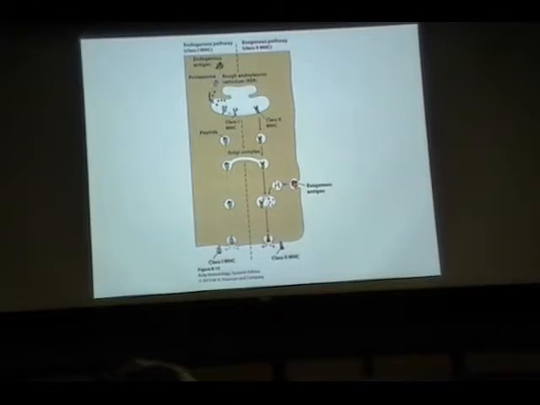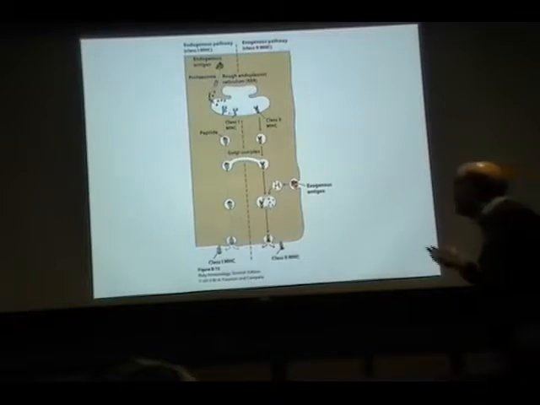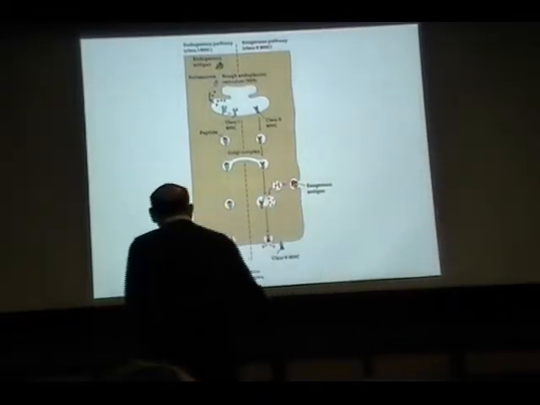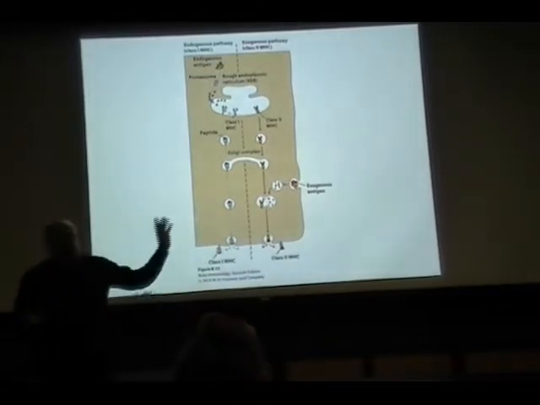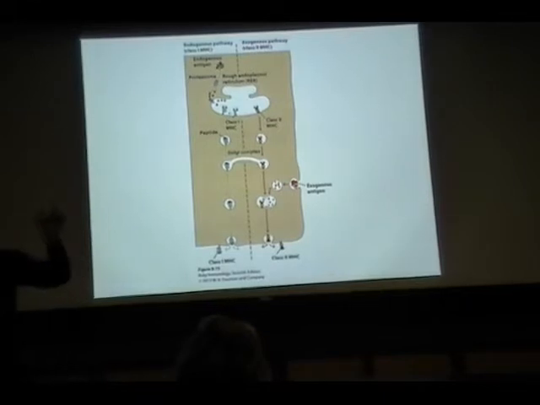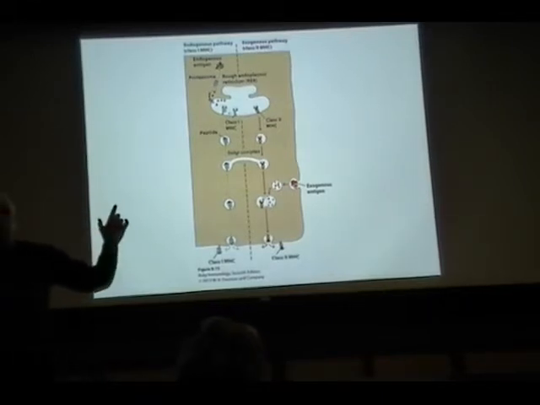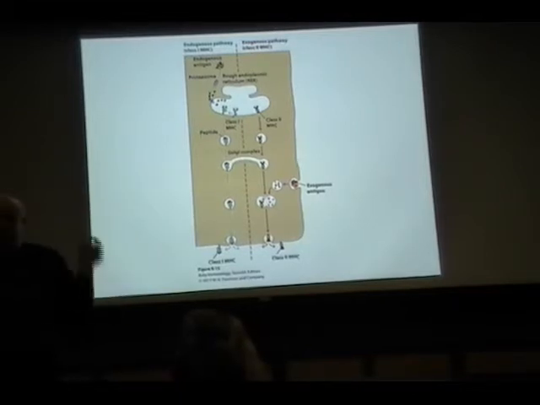So let's do class 2 first, it's easier. Class 2 is, here's the exogenous peptide. Here's the whole antigen. Remember, the peptides are 8 to 13 amino acids long. Most proteins are 100 to 1,000 amino acids long. So these are little peptide chips of a very large protein.